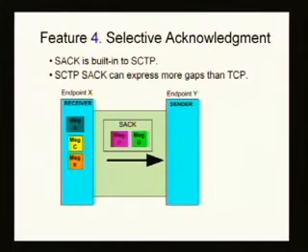So SCTP can express more gaps than TCP. So like I said, in this simple example, you only express 2. But in more complex examples, it's been shown that in high loss situations, more expressiveness in SACK has shown tremendous benefit.